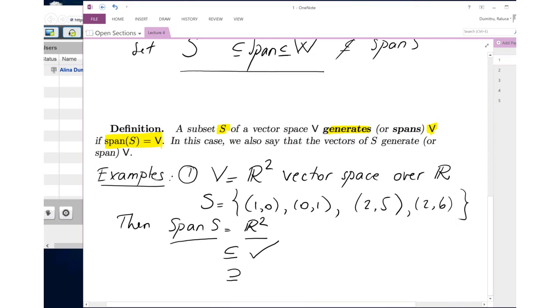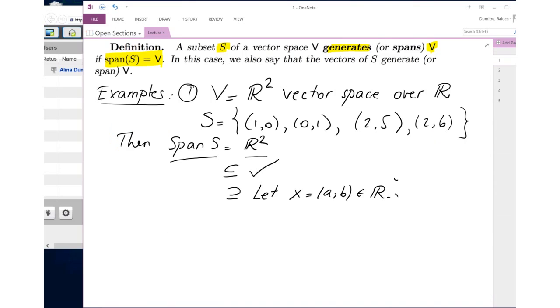If I take a vector in R2, which looks like this, can I write it as a linear combination of vectors in S? Yeah, and I don't need all of them. I can just make use of the first two.